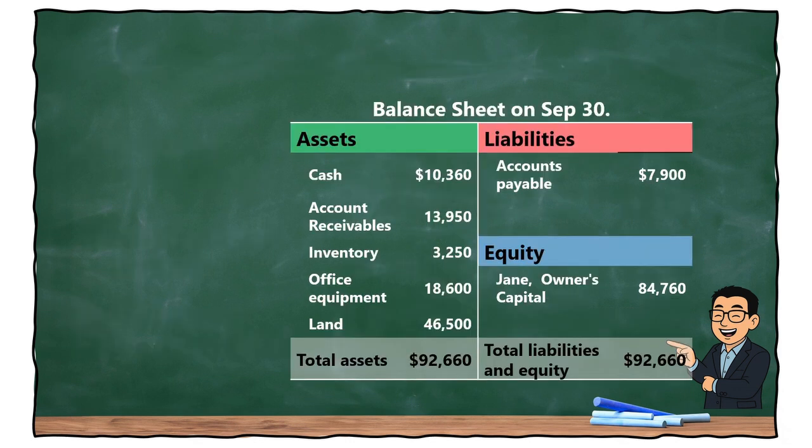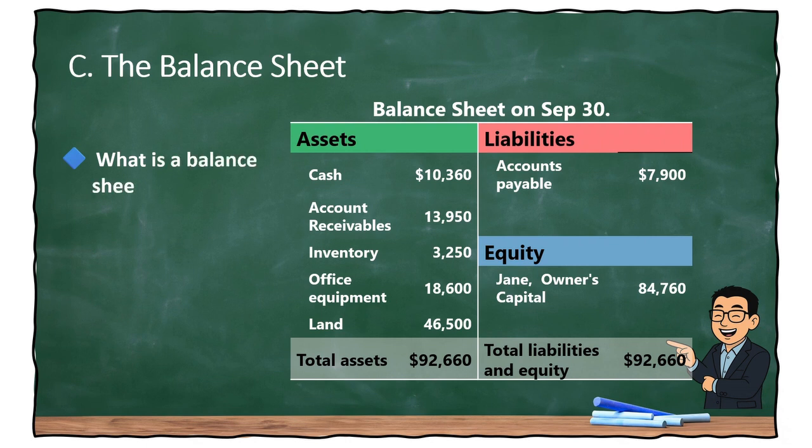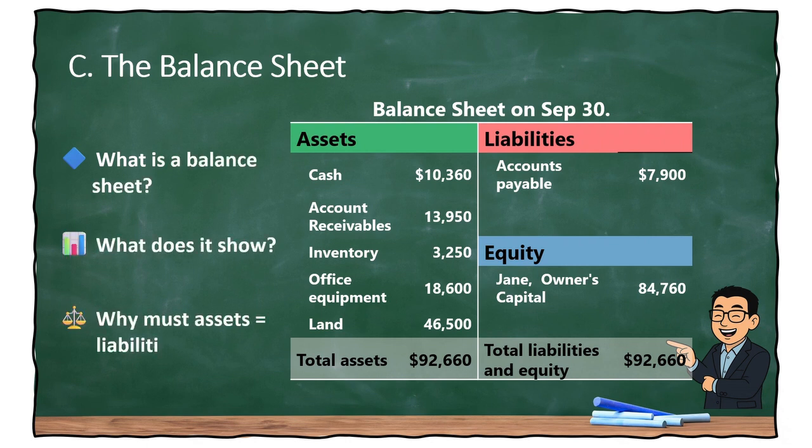Let's take a look at the balance sheet as of September 30th. This report shows the company's financial position at a specific time. On the left side, we list all the assets the business owns, things like cash, accounts receivable, inventory, land, and equipment.